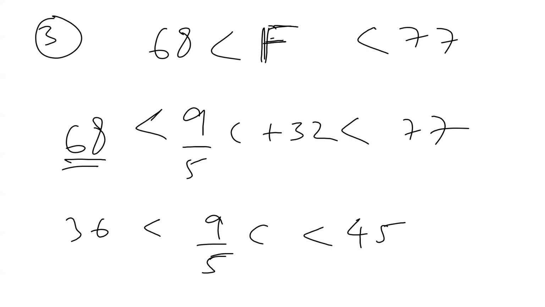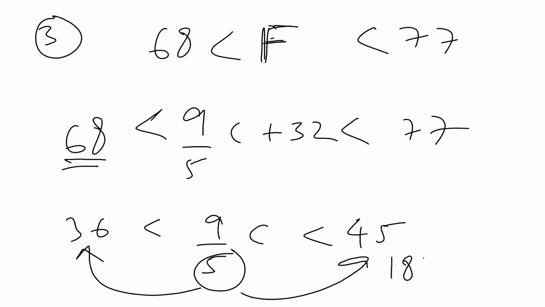Now multiply by 5 on both sides. 5 is a positive number, so the inequality will not change. So 180 is less than 9C, which is less than 225.